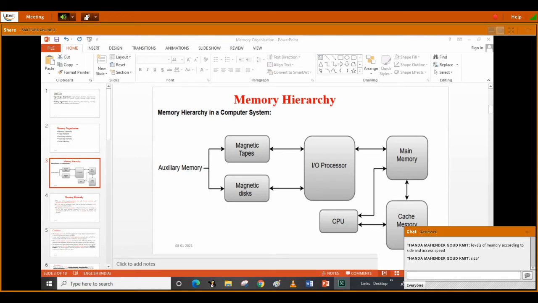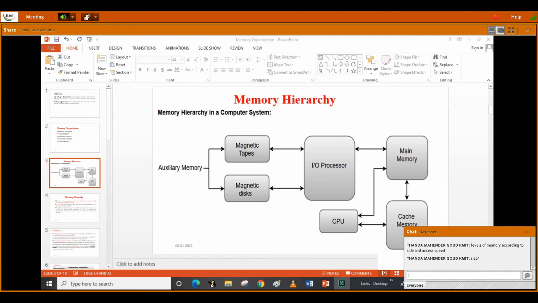On that occasion, the operating system transfers the instructions into the cache memory. Cache memory is extremely fast, so the CPU can access the data in cache memory in a faster manner. If the data is present in main memory, its access time is slower compared with cache memory.